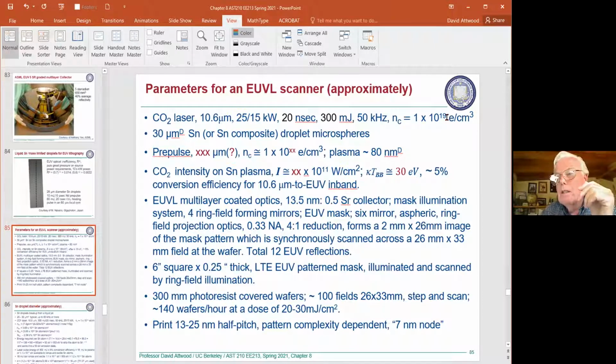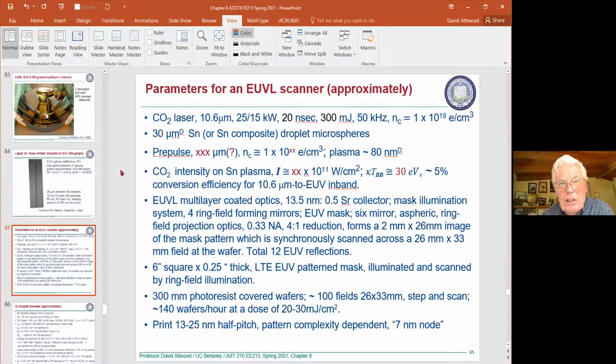So when the CO2 pulse gets in to 10 to the 19th, whatever hasn't been absorbed by that point gets reflected. Another role of the pre-pulse is that it spreads out the plasma a little bit more gradually, and that makes for a more efficient absorption. So the pre-pulse not only makes the tin droplet bigger, but it also gives a more gentle plasma profile out towards the laser.